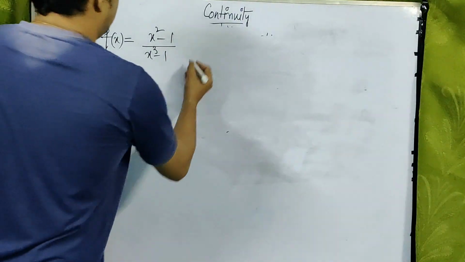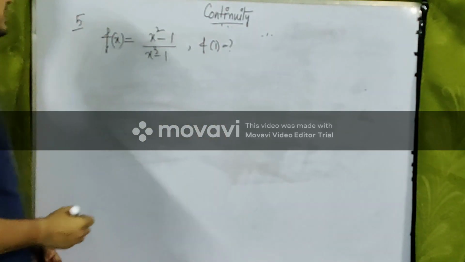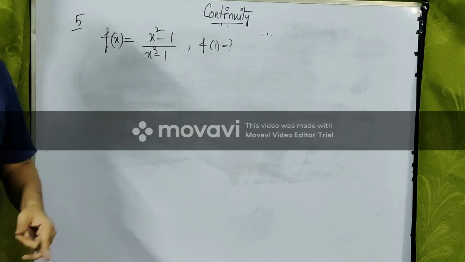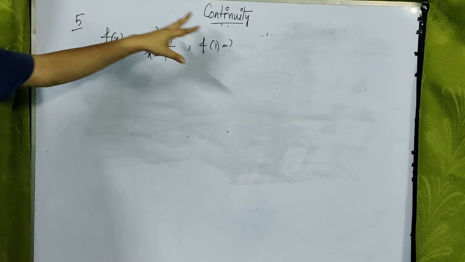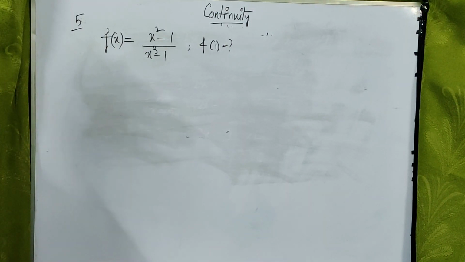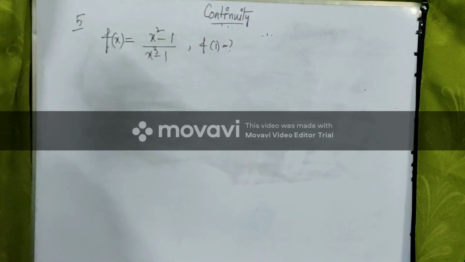So for this function, what should be the value of f(1) so that this function is continuous at the point x equals 1? First of all, by the definition, the limit value of this function should be equal to f(1) to make this function continuous at the point x equals 1. So for that reason, first of all we have to find out the limit value for this function f(x).